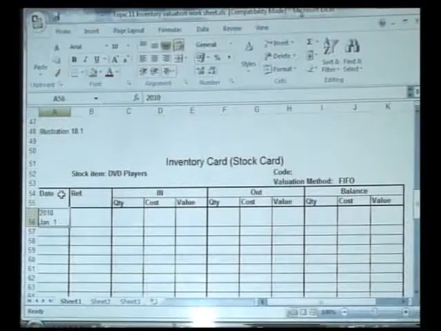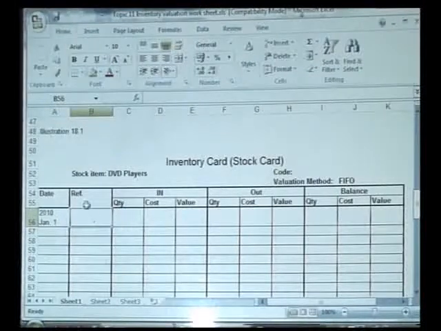You are given the details of purchases and sales of DVD players relating to a sole trader. So then we can make entries in the inventory card using the first in first out method.